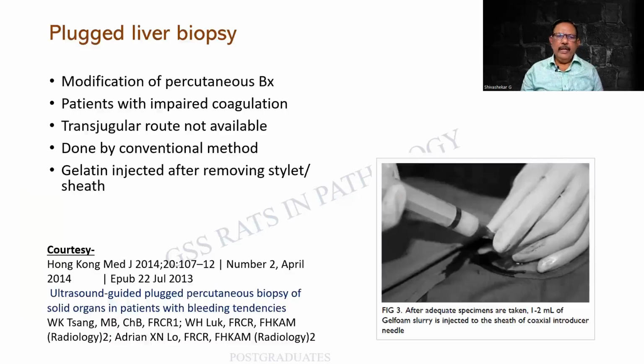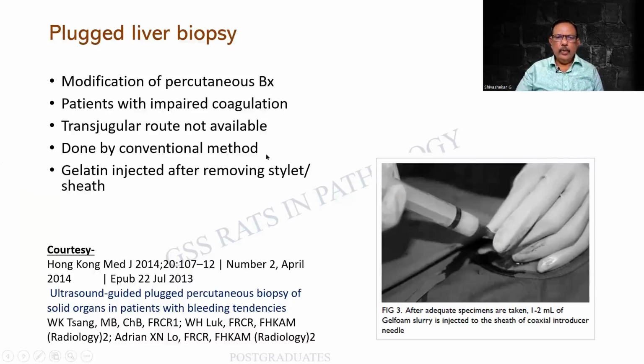Plugged liver biopsy is a modification of the percutaneous biopsy. Patients with impaired coagulation can have this plugged liver biopsy. When a transjugular route is not available, then you will have to do only the percutaneous route, and for that there can be a plugged liver biopsy.